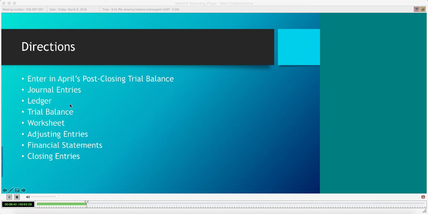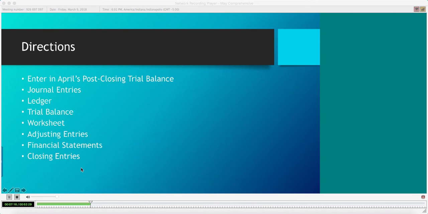So the directions are pretty much the same as they are for April. Since you've both started it, or you've at least looked at it, you've hopefully looked at the directions. The first step for May is you're going to enter in April's post-closing trial balance. What I'm doing for students that actually attend the conferences is I will give you the balance amounts that you should have for April's post-closing trial balance.